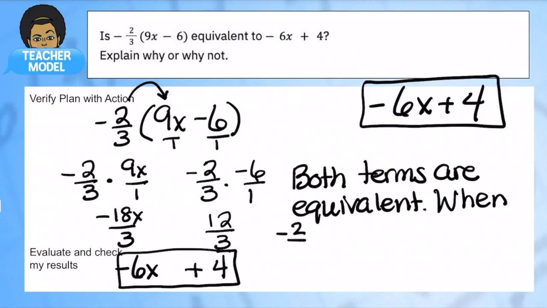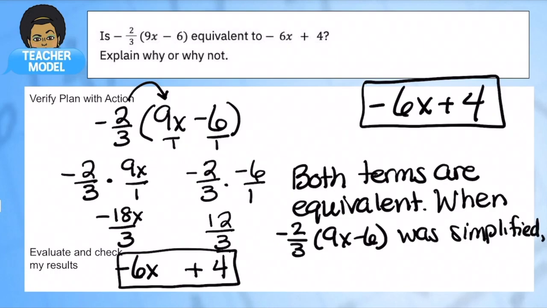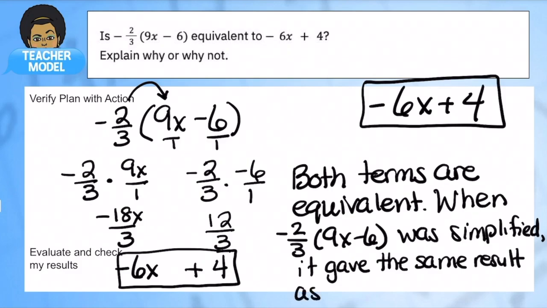When negative 2/3 times 9x minus 6 was simplified, it gave the same result as negative 6x plus 4. So when we simplify them, if they're the same, we know they're equivalent. So hit pause and we'll jot this down.